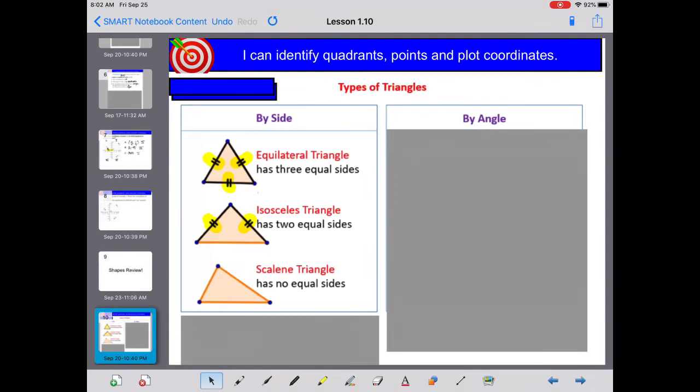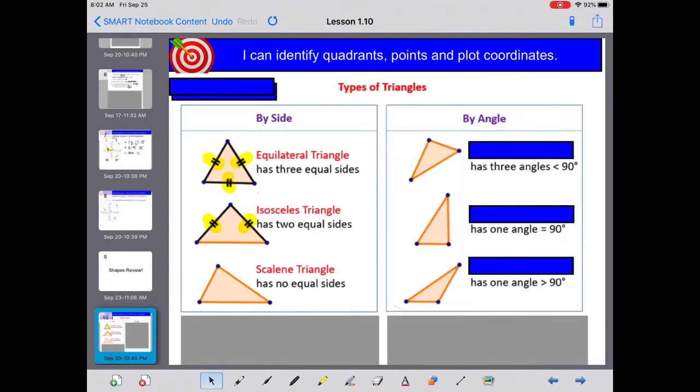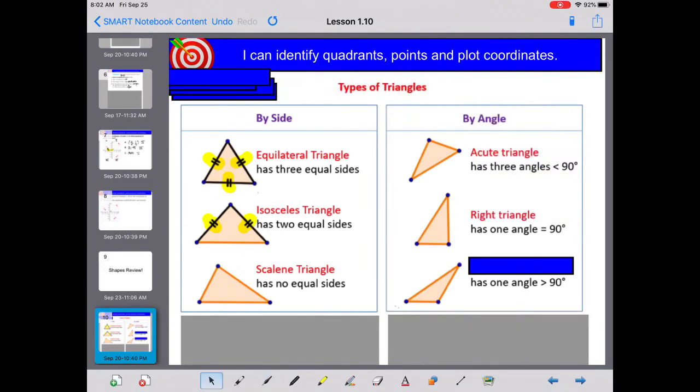The other way to classify triangles is by their angle. So here are the 3. This one is an acute triangle because all 3 angles measure less than 90 degrees. This triangle is a right triangle because it has exactly one 90-degree angle.